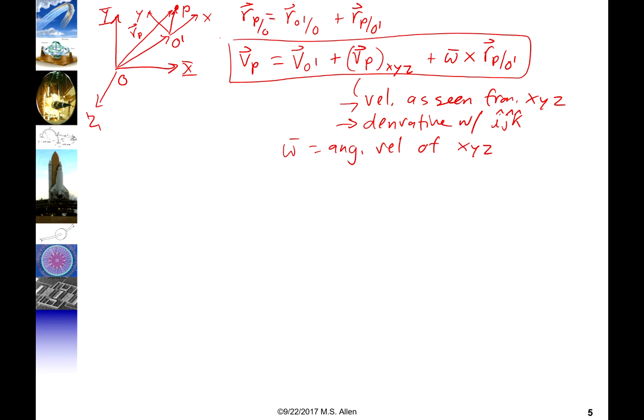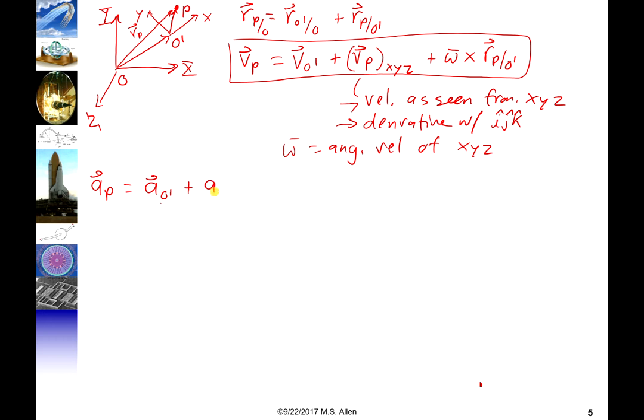And if we take one more derivative, we could also get the acceleration. So the acceleration of point P would be the acceleration of point O'. Then we have this second term, this relative term. We need to take the derivative of that.